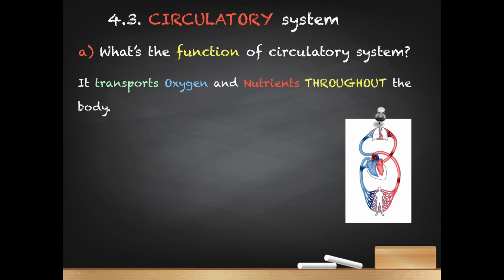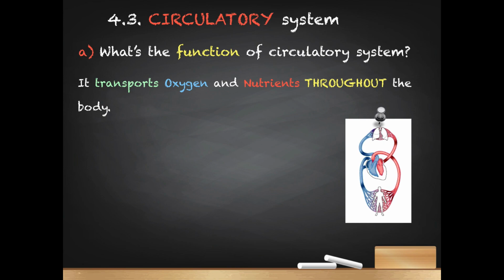If you don't know it, search it on the internet. Search what is throughout. So the function is to transport oxygen and nutrients throughout the body. Here you can see a little video about the circulation of blood in our body.